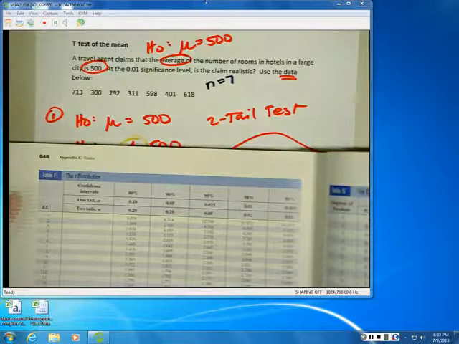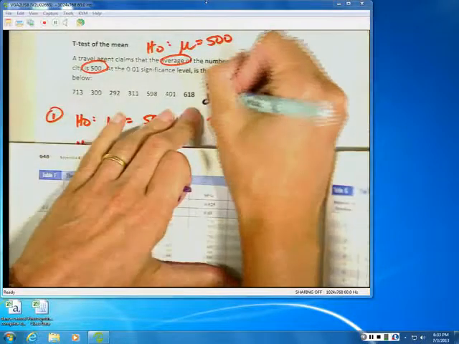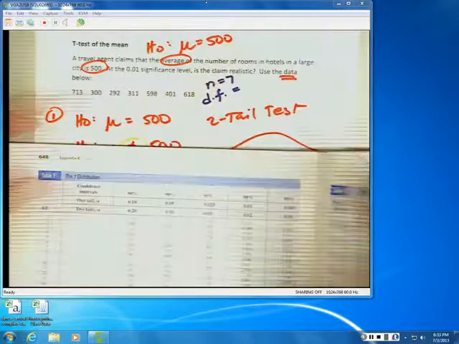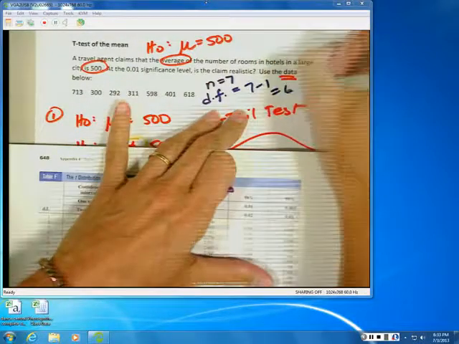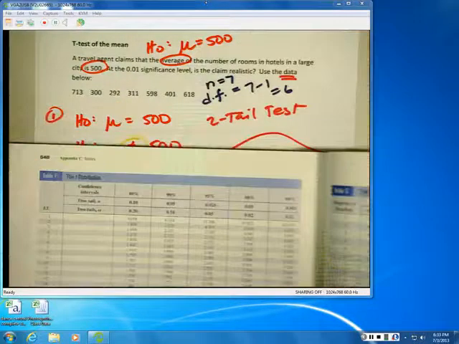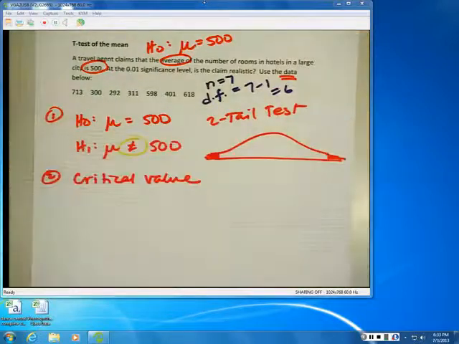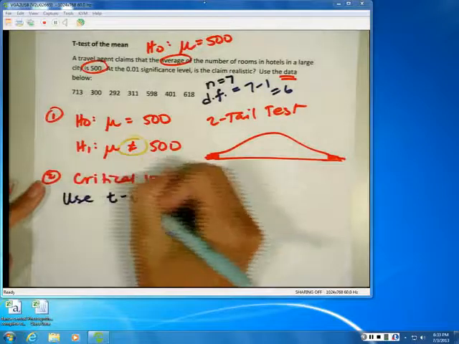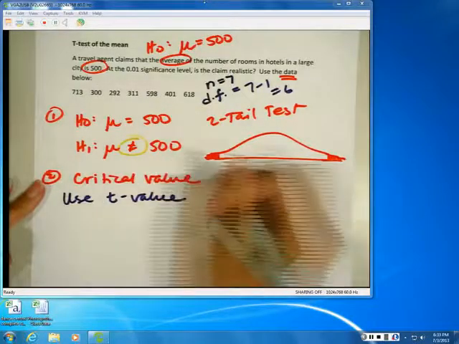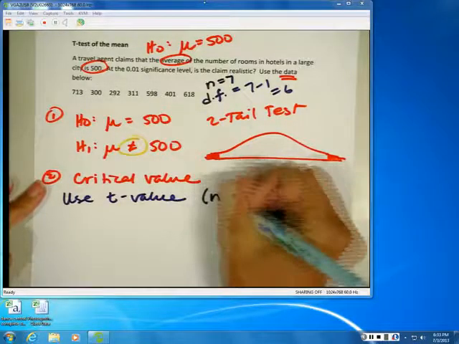So instead I'm going to use the t-scores, which means I need degrees of freedom. Degrees of freedom is n minus 1, so 7 minus 1 equals 6. Whenever your sample size is less than 30, I'm going to use the t-value.